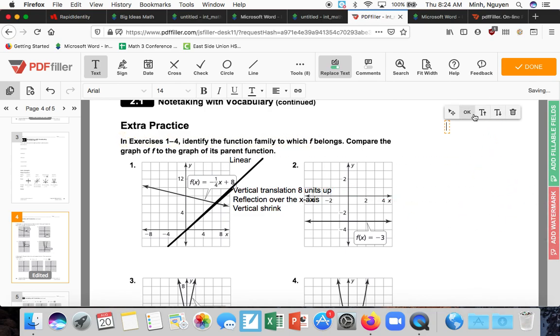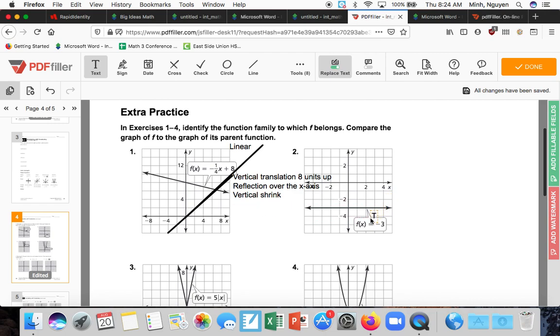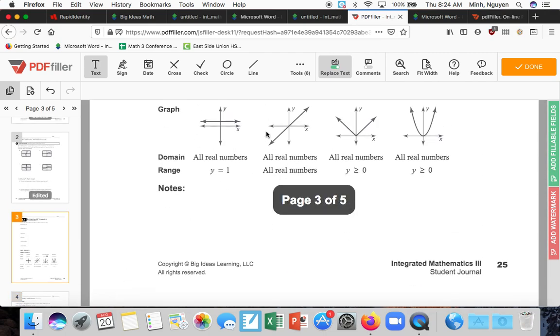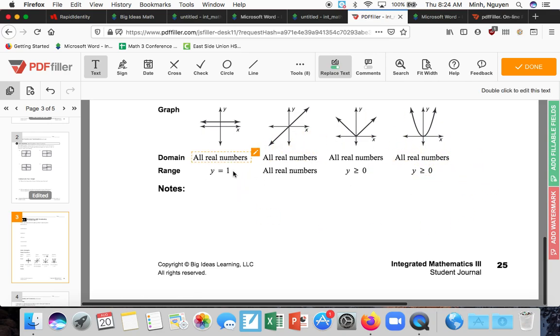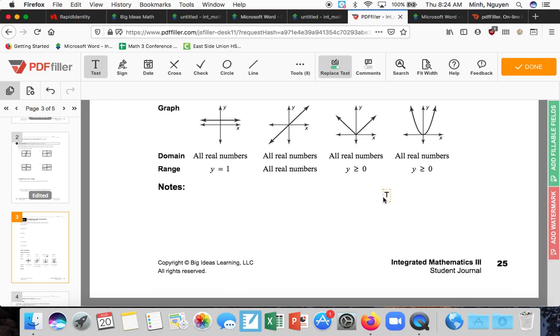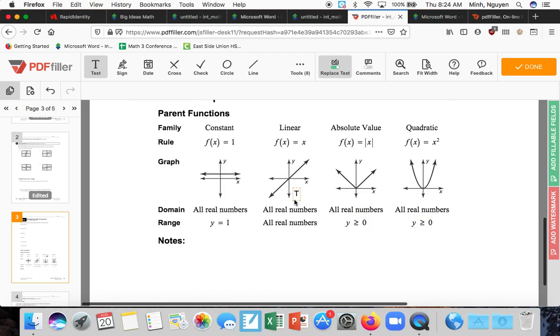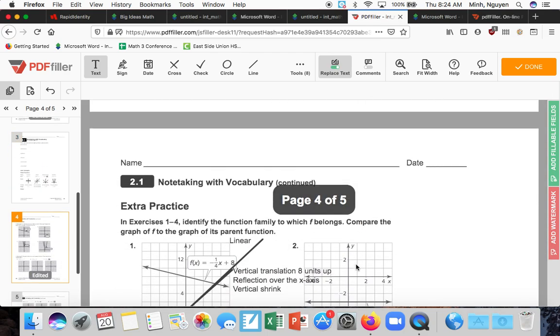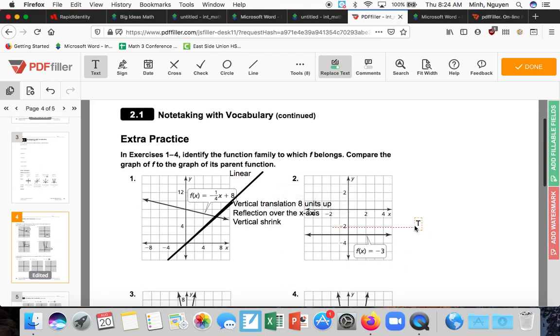So this is a constant, and the original constant, and again, your book should be open, so you should be seeing this, but for me it's kind of a hassle to scroll up and down. So this is the constant, and the parent function of the constant is f of x equals 1, but this is -3.